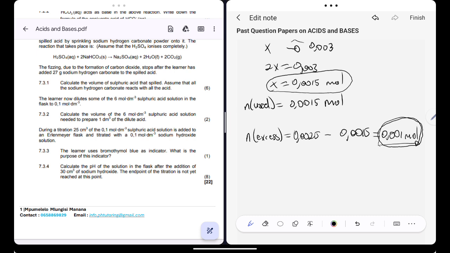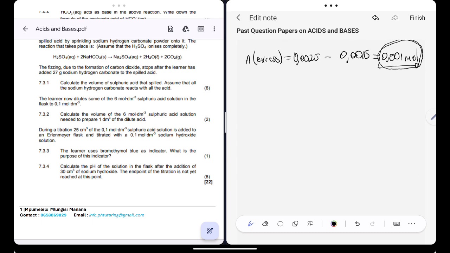to find the pH, I only need the concentration of my hydronium ion. Are you together? Remember that sulfuric acid, guys, is diprotic. Whenever it ionizes, it gives us 2 H plus ions plus SO4 2 minus. Are you together? So I can simplify the number of moles of the hydronium ions in the excess solution. How can I do that?